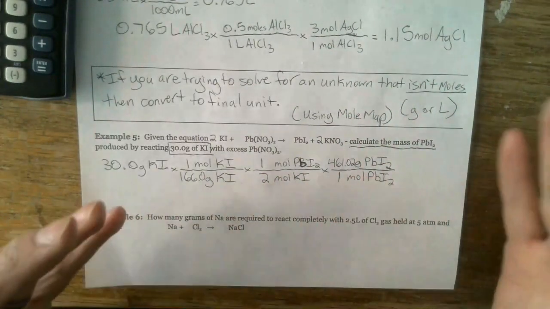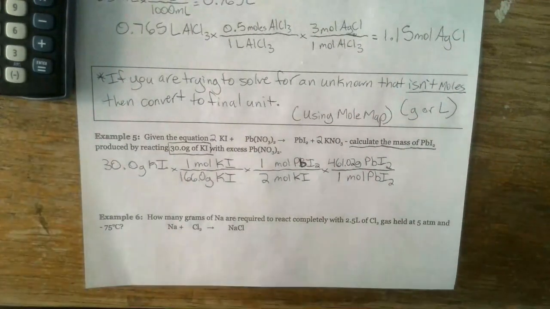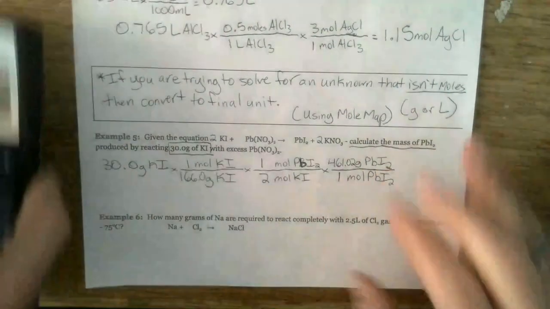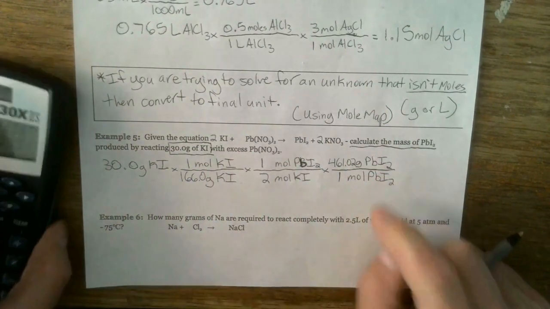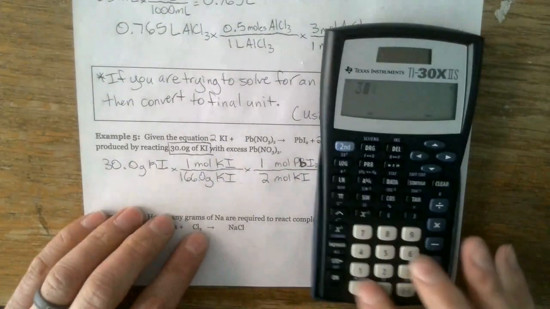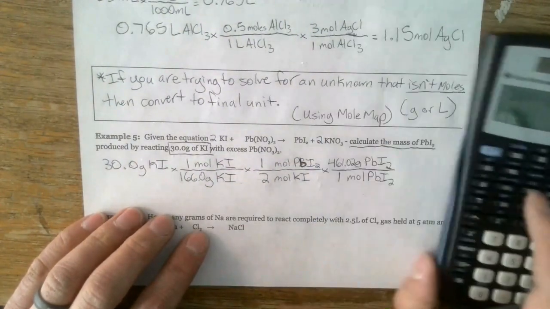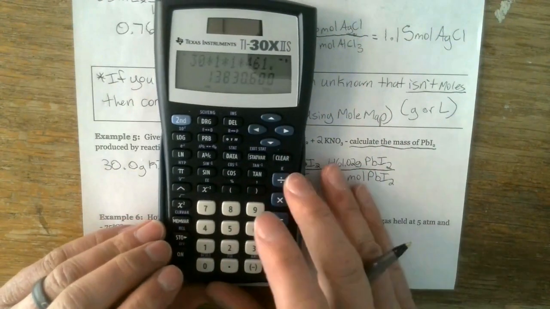Okay, and now I know this looks like a lot, but again, we're going to solve for these types of questions exactly the same. So we've got 30 grams times 1 times 1 times 461.02. So again, we're just multiplying everything that's on top. 30 times 1 times 1 times 461.02.